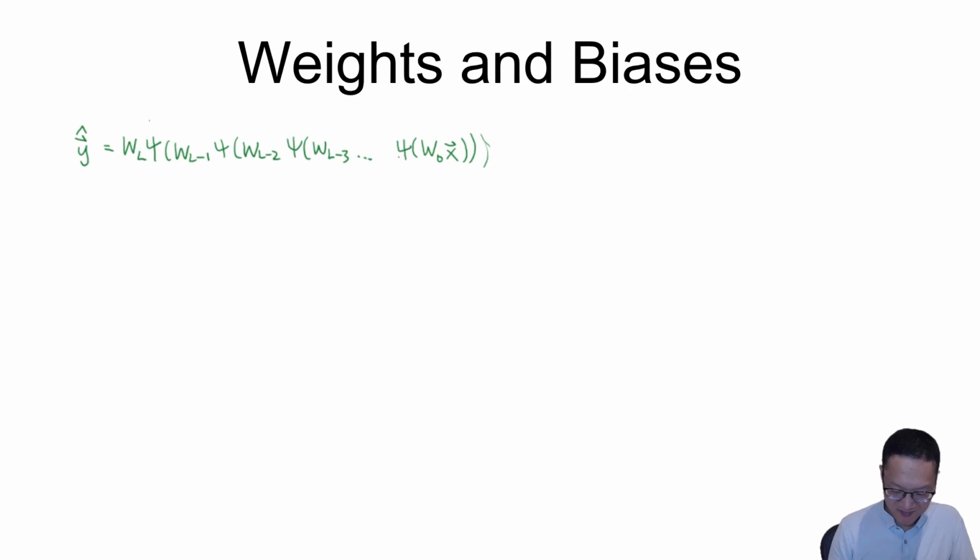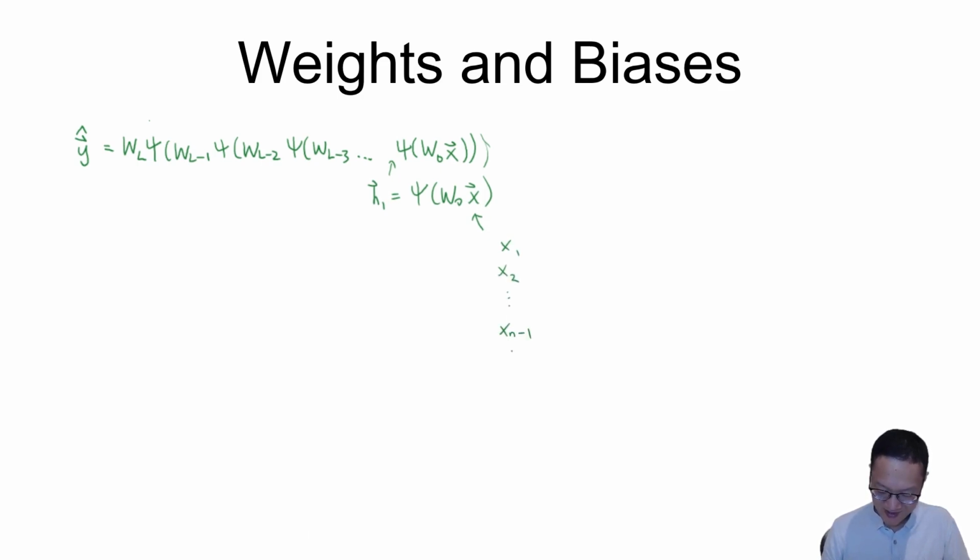Okay, so let's begin over here. Here we have h1 equals psi of w0 x. So what exactly does that look like? Well, x equals x1, x2, all the way down to x_{n-1}, and usually we say the last element is just going to be a 1.